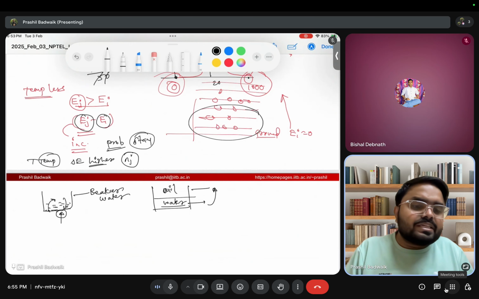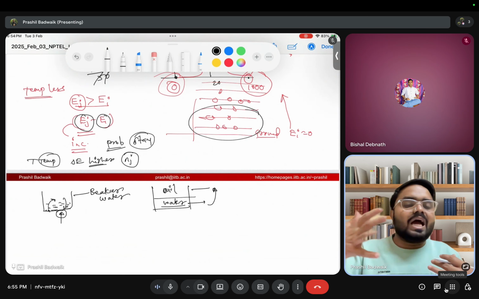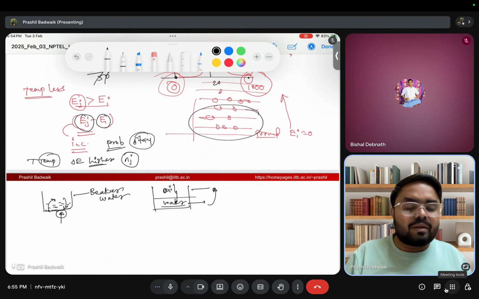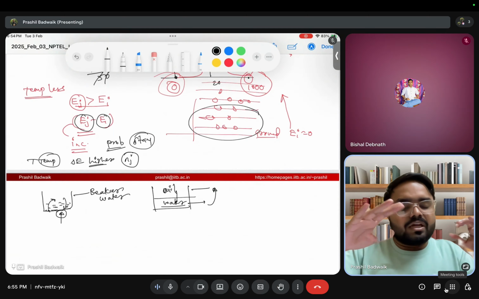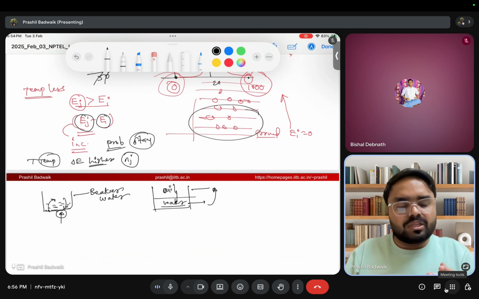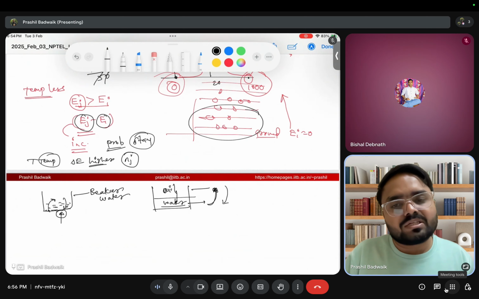What if I increase the temperature? If I increase the temperature, the mixing will happen. Oil molecules can go into the water, water can go into the oil. Since the molecules are having energy, they can move from one location to another, from this energy level to another energy level, and from higher energy level to lesser energy level.